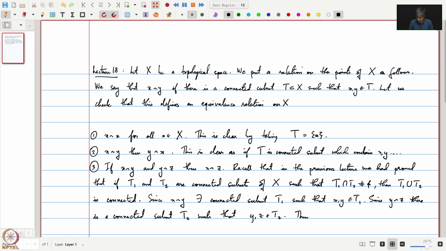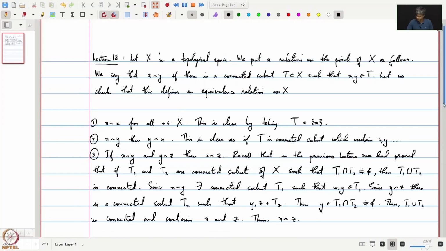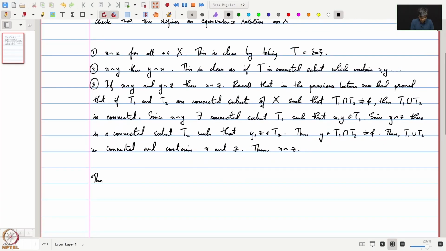So y is in the intersection, and so it's not empty, and thus T1 union T2 is connected and contains x and z. So x is equivalent to z. This shows that the relation is an equivalence relation.